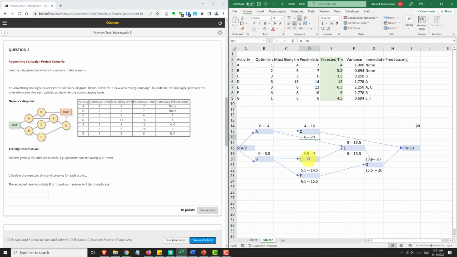Okay, now going into C. C has to finish by week 9, otherwise the late start of E will be delayed, which is not good. You don't want to delay the late start, because otherwise the project gets delayed. And so if it's ending by week 9 and C takes 3.5 days, it has to start by 5.5, because 5.5 plus 3.5 equals 9.